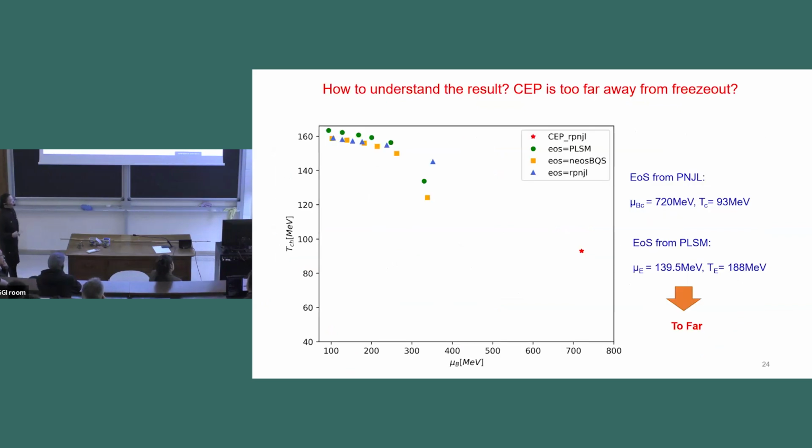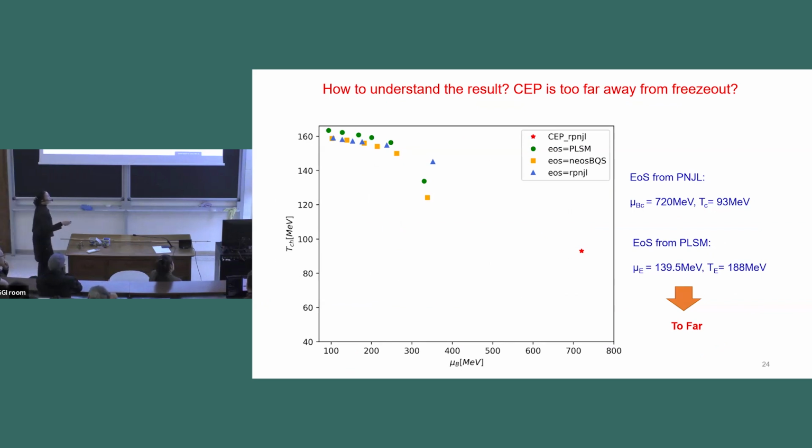Of course, we need to understand why the peak structure, which you expect to appear if you have a critical point, does not show up in your experimental data.